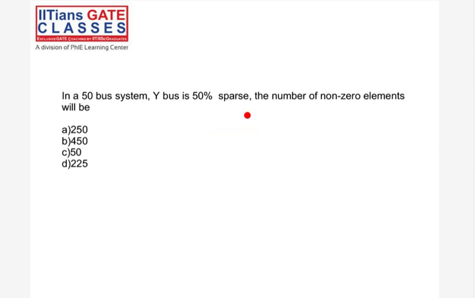Okay. So now what they have said is that they have a 50 bus system. So what will be the size, the number of elements in Y bus?